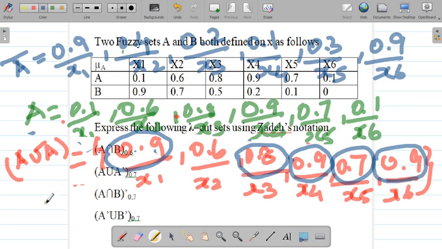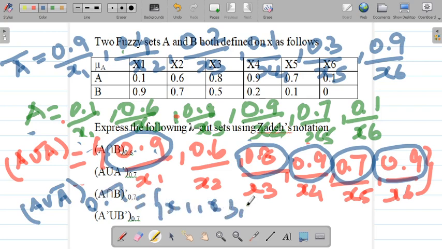So the answer is A union A bar with lambda value 0.7 equals x1, x3, x4, x5, x6. Now we move to the third one.